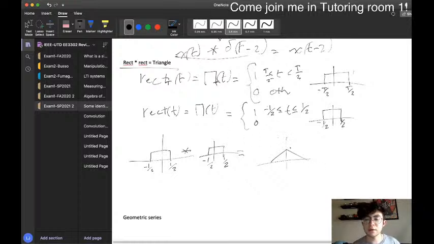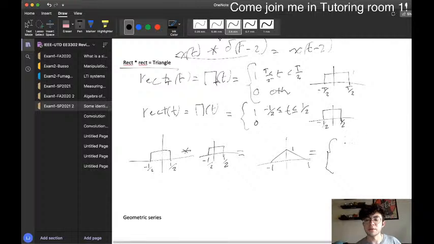Its maximum value is going to be 1, and it's defined for t from -1 to 1. This is the standard triangle function.